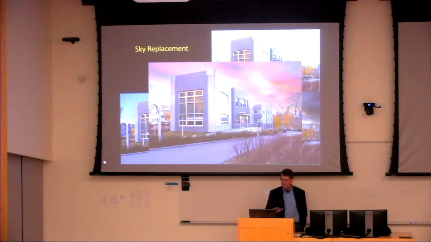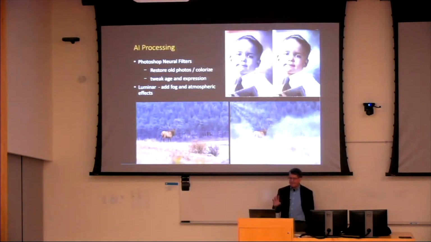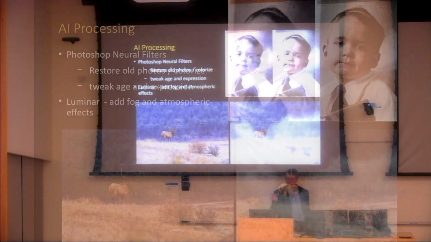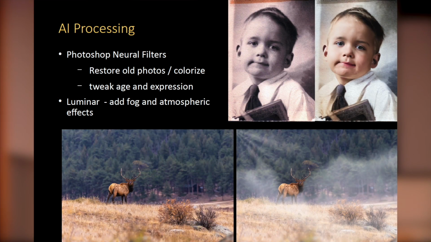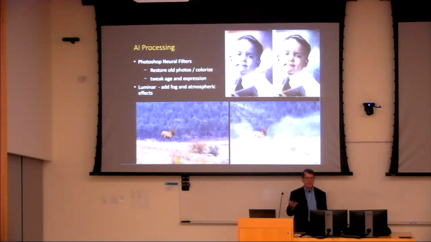So the key, though, is to not go too overboard. And then just some of the AI processing. This is actually my dad, but using Photoshop's neural filters, where you can restore old photos and create a very clear, focused image, and then also convert it so that the black and white is now a color image.